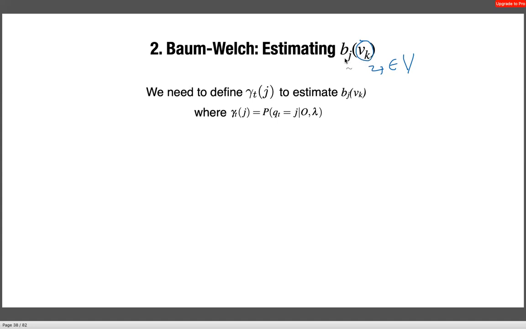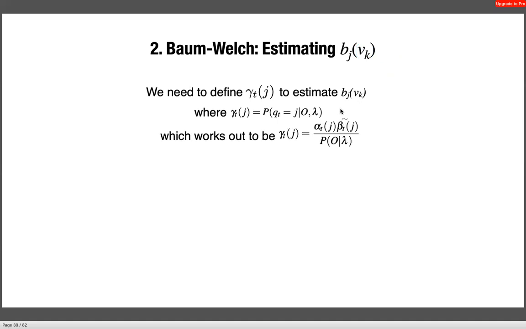That's the emission probability. So first you need to define a new quantity. Let's refer to this as gamma sub t of j. Gamma sub t of j is the probability that you're in state j at time step t, given O. This is commonly also referred to as a state occupancy probability.